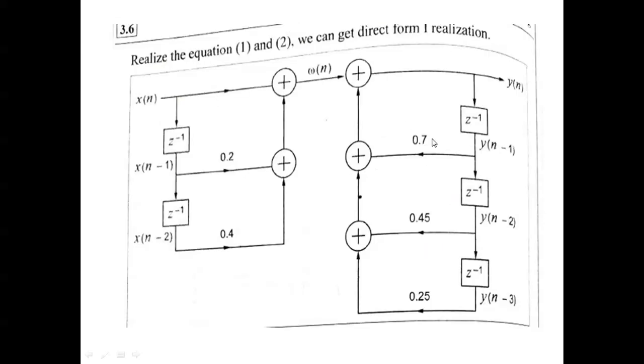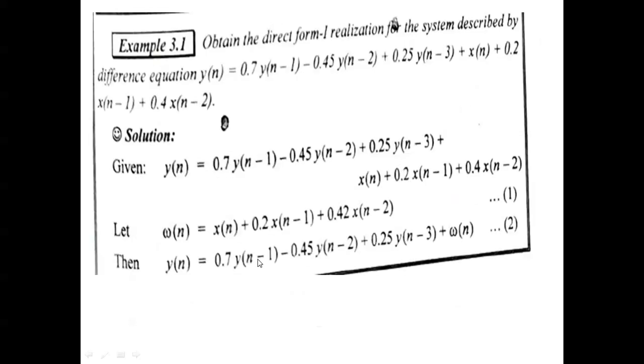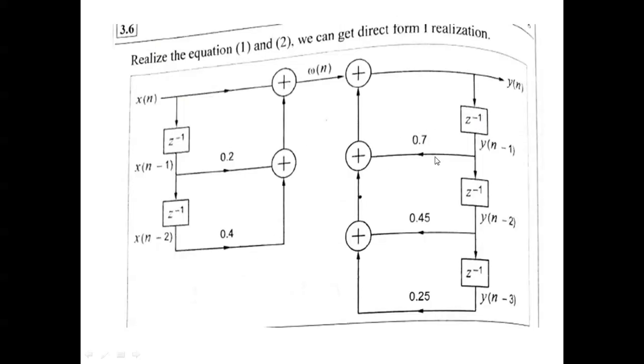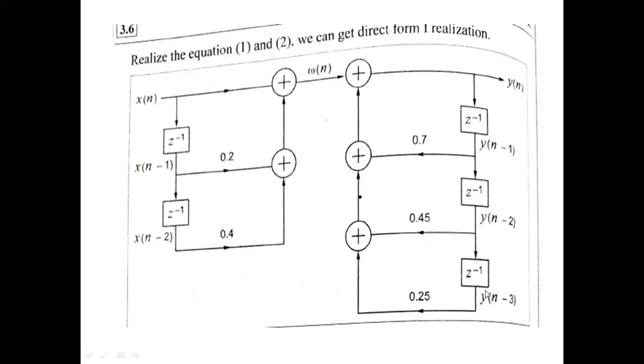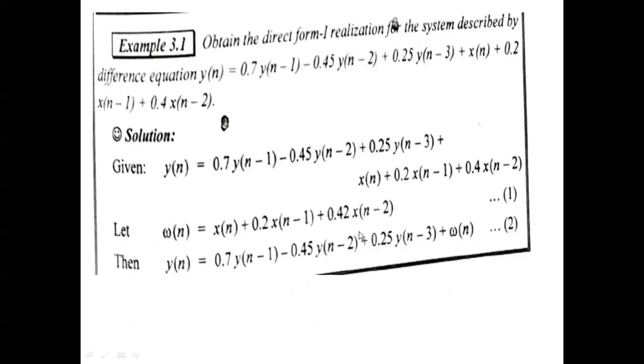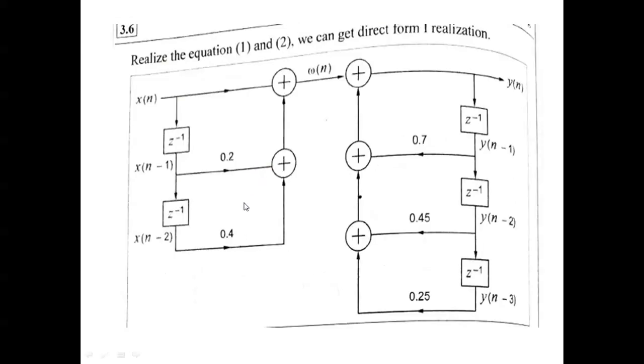For n minus 1 there is one delay, so after one delay you put the value 0.7 for y of n minus 1, 0.45 for n minus 2, and 0.25 for y of n minus 3. Then plus omega n, that means the input x of n, then 0.2 x of n minus 1, and 0.4 x of n minus 2. This is omega n.